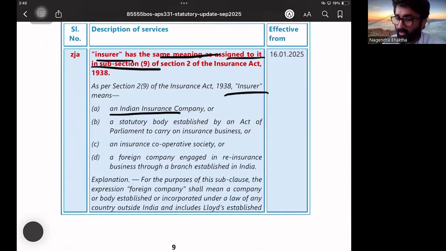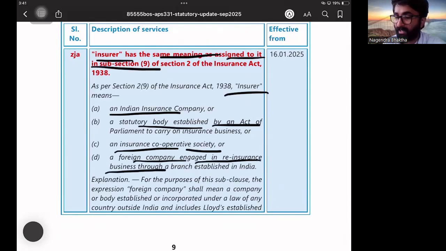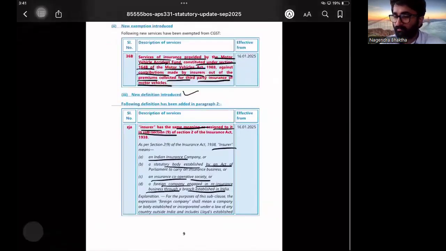Insurer means any Indian insurance company or statutory body established by an act of the parliament, insurance cooperative society, or foreign company engaged in reinsurance business through the branch established in India. Anyone, maybe Indian insurance company or statutory body, nothing but company. Insurance cooperative society, that can also be insurance company. Or foreign company which has insurance business in India, they are also insurers.